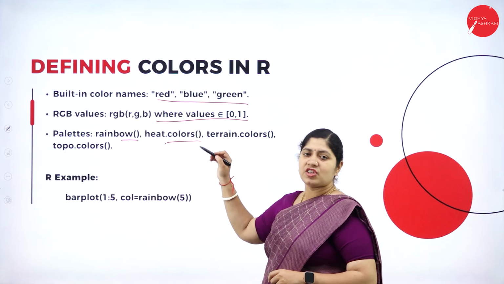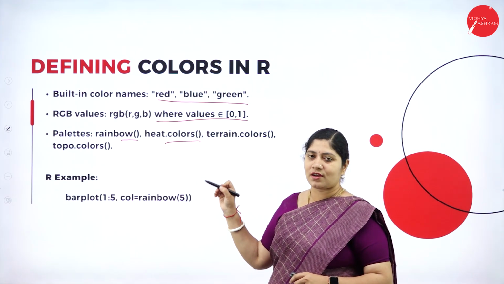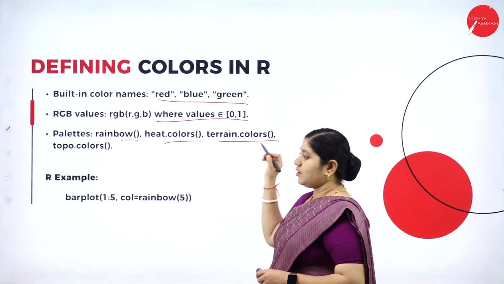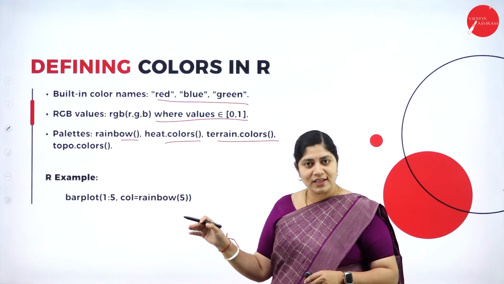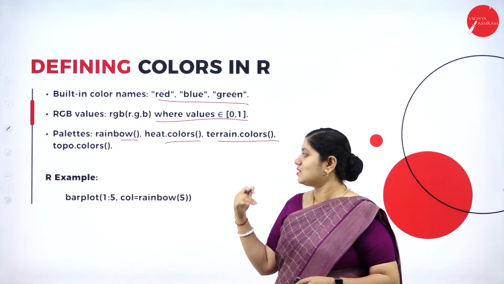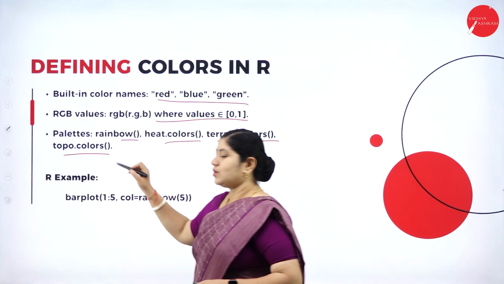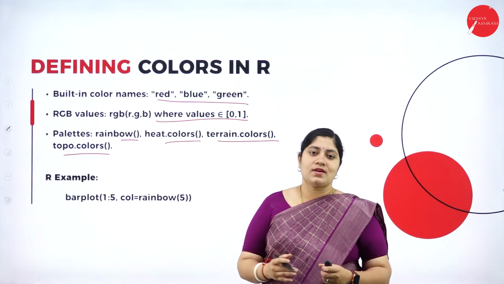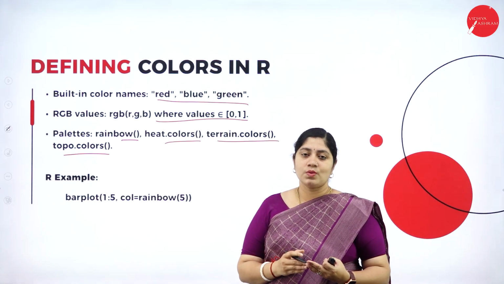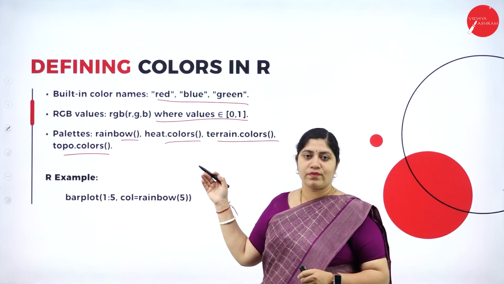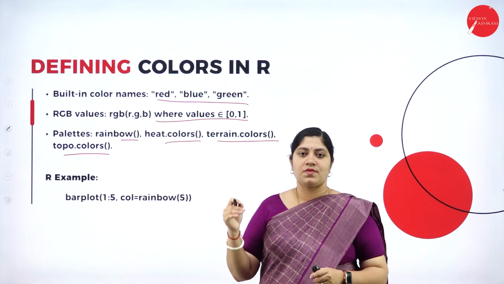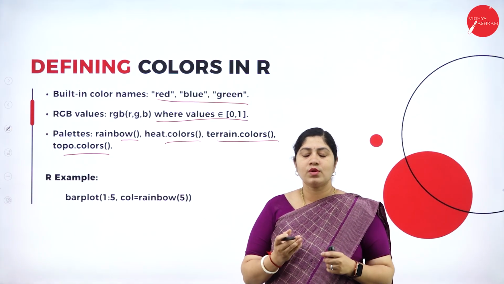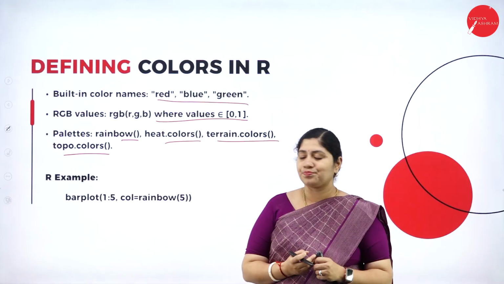Then heat colors: you can directly go with heat.colors, followed by terrain colors. If you don't want heat colors, you can go with terrain colors. Also, you can go with topo colors. This is how we can set variations by defining each and every bit using different colors and notations, and make it more colorful and easy to understand too.